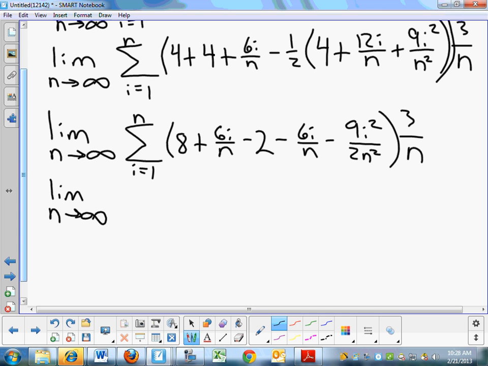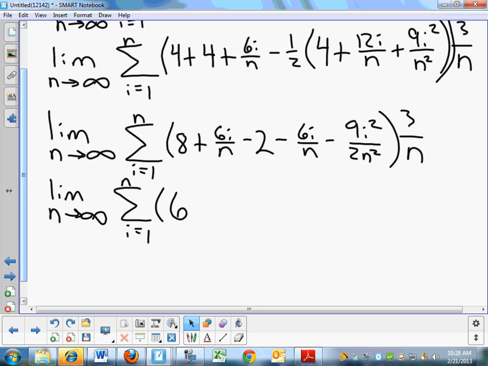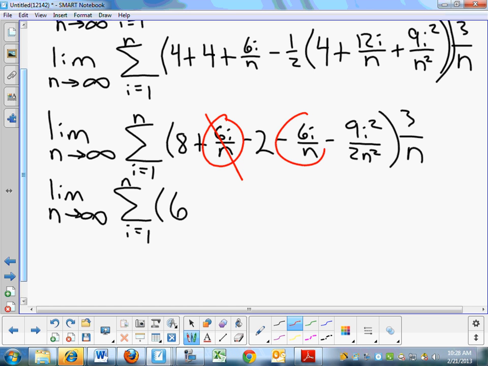Limit as n goes to infinity of the sum from i equals 1 to n of 8 minus 2, 6i over n, negative 6i over n, 8 minus 2, minus the 9i squared over 2n squared times 3 over n.